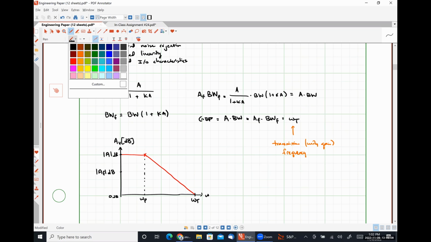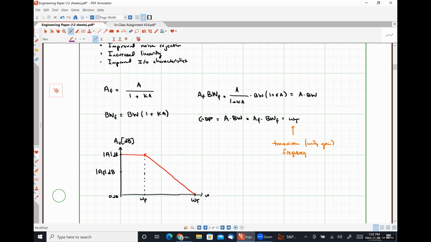What we will see is that our gain is reduced until we hit our pole frequency, at which point it effectively rolls off. And everything beyond the pole matches up perfectly.